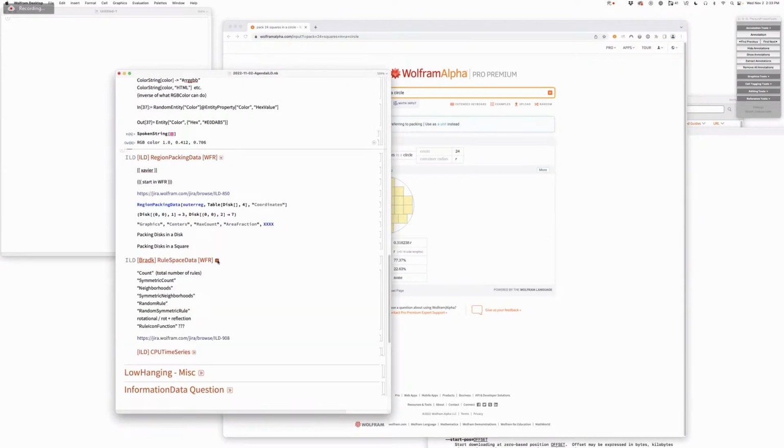Okay, rule space data. I have to say, I need this with some frequency, and I'd be perfectly happy to see it in WDR. I think this is a Brad production. This would be rule space data of cellular automata. My suggestion was to bundle this with the rule plot stuff too. Well, it can't be in the rule plot function.